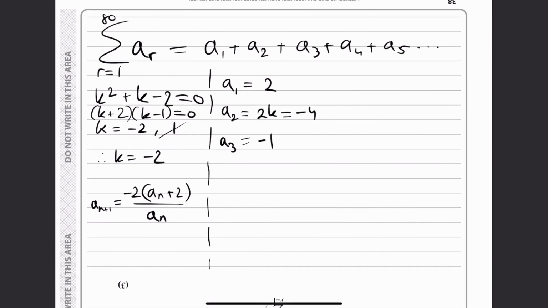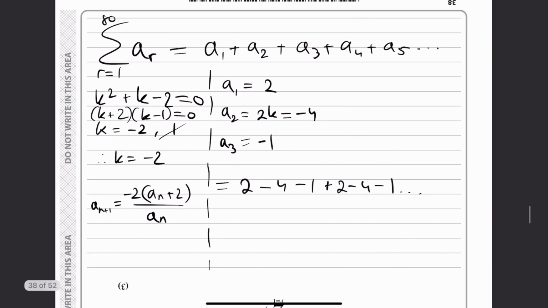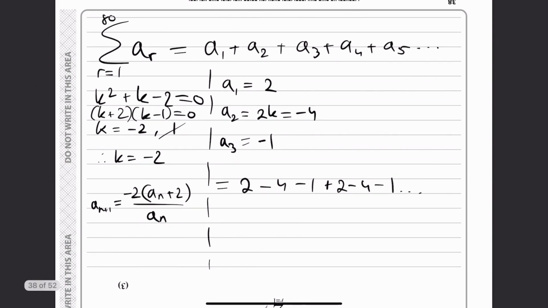So now you can see this is just going to form a pattern, which means we can rewrite our sum like this: 2 minus 4 minus 1. That's going to just repeat, and then until, let's just put a few dots, and then A R at R equal to 77.